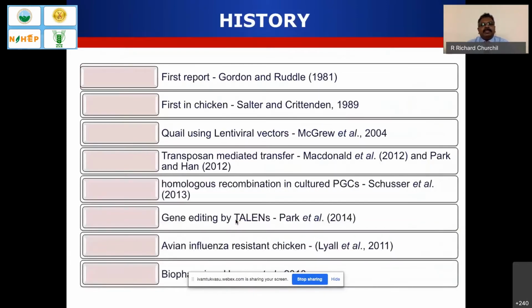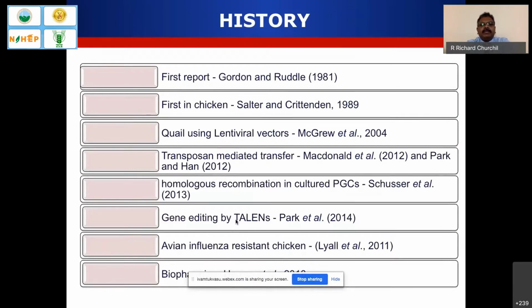Now, this is the history of transgenic animal production. It started in 1981 with the first report by Gordon and Ruddle in mice by microinjection. Then in 1989, Salter and Crittenden used virus-mediated transgenesis.